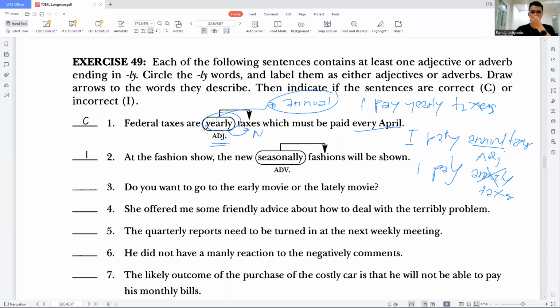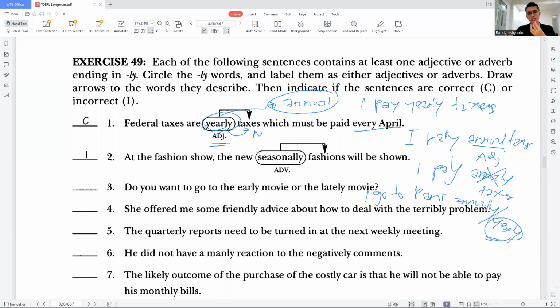Actually, in English, yearly can also be used as an adverb. For example, I go to Paris annually, or you can say yearly here. It's fine.